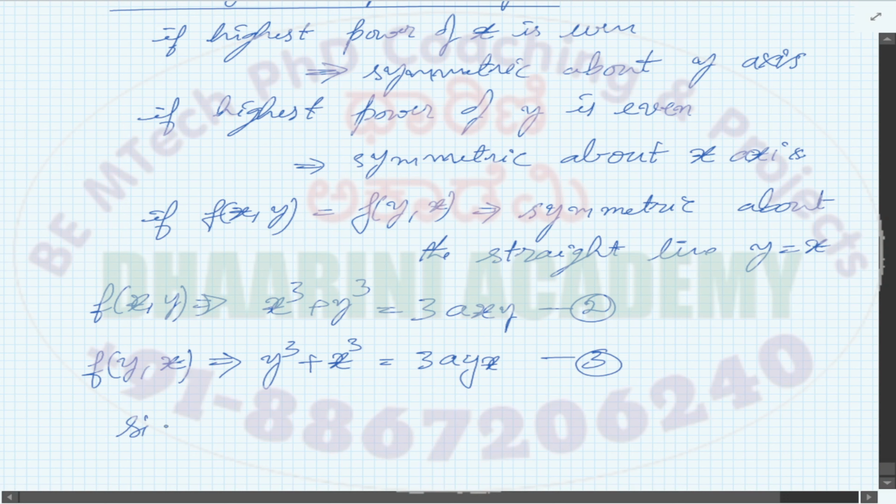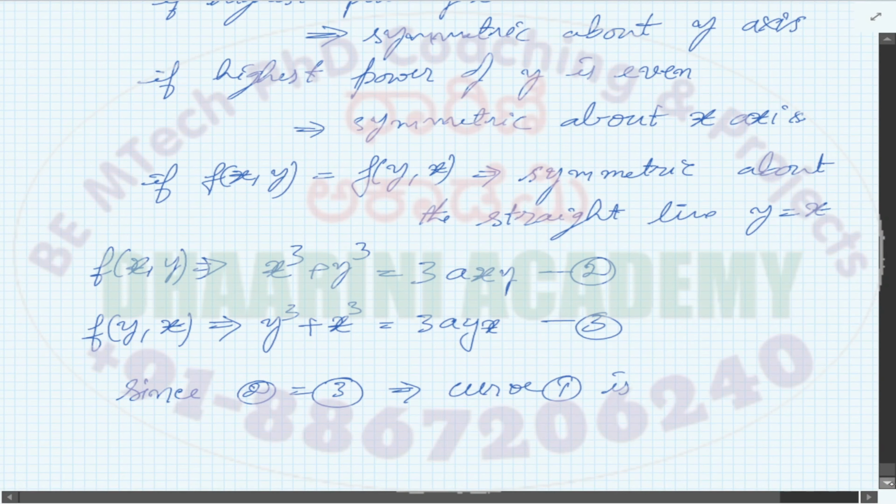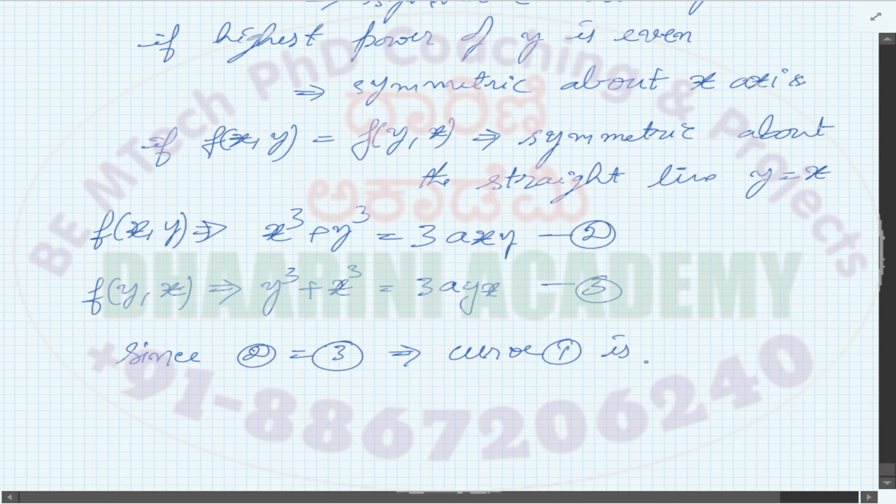Since equation number 2 is equal to equation number 3, this implies the curve 1, this is what I found out, is symmetric about the straight line y is equal to x.